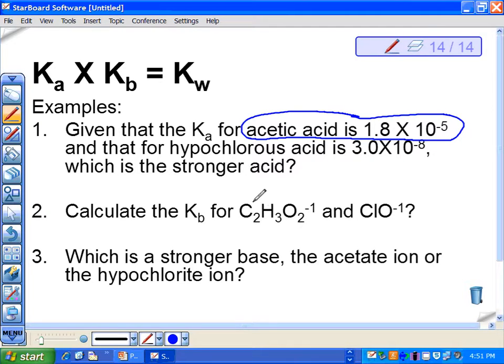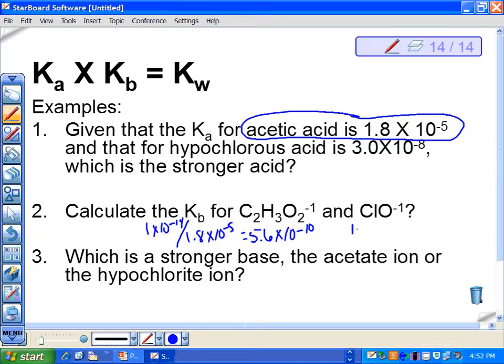This question says, find the Kb for, notice that this is the conjugate of acetic acid, this is the conjugate of hypochlorous acid. So to find the Kb for this guy, I would take 1 times 10 to the negative 14th, and I would divide by 1.8 times 10 to the negative 5th. And you would find that it's 5.6 times 10 to the negative 10th power.